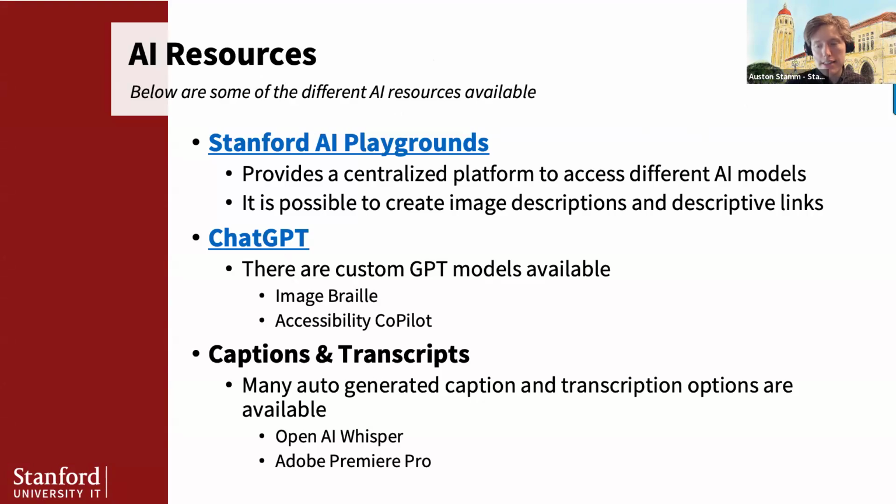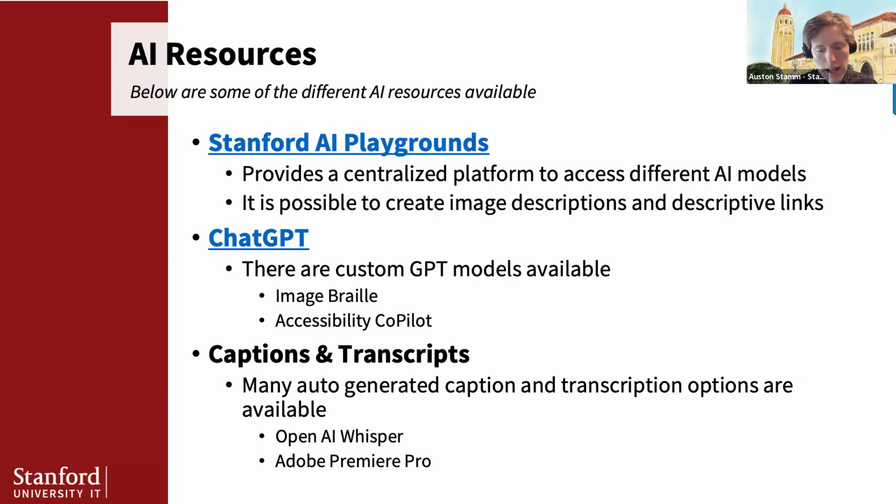With ChatGPT, if you have access to it, they have custom ChatGPTs in their paid account. So you could be looking at specialized GPTs for accessibility, like Image Braille, which is designed to describe images. There's another one called Accessibility Copilot that's designed to provide feedback on code.